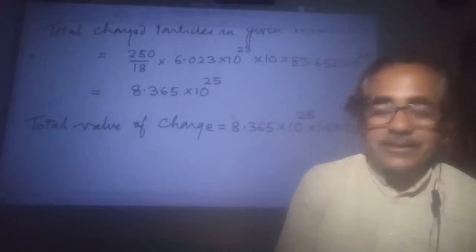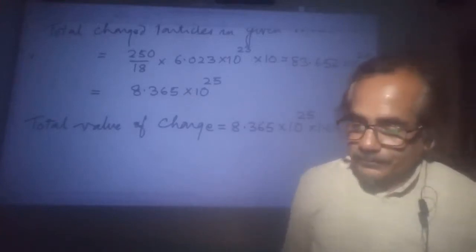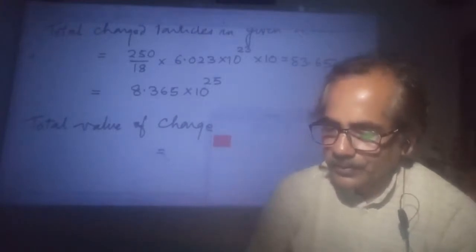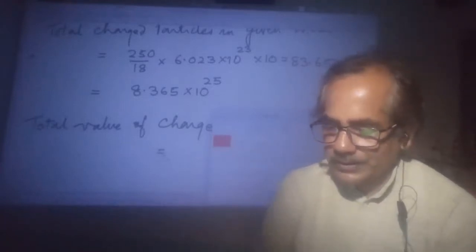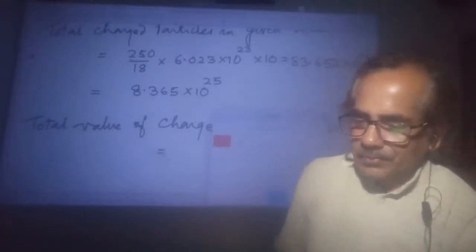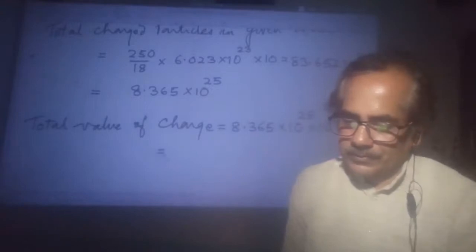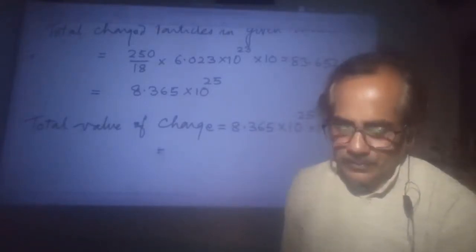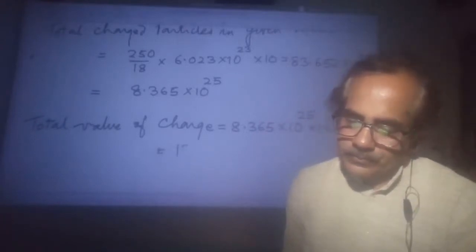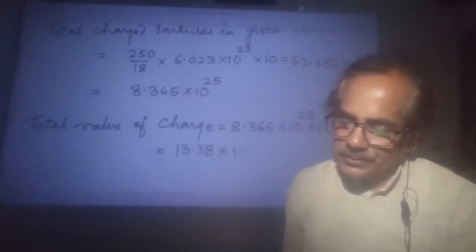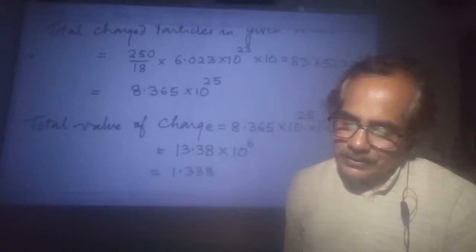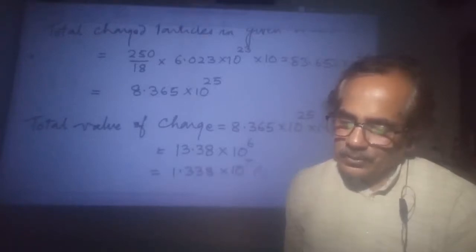Otherwise, in general practice, we do all the calculations together. So multiplication with 1.6 is coming 13.38, 13.38 into 10 to the power 25 minus 19, it will be 10 to the power 6, and that will be equal to 1.338 into 10 to the power 7 coulomb.